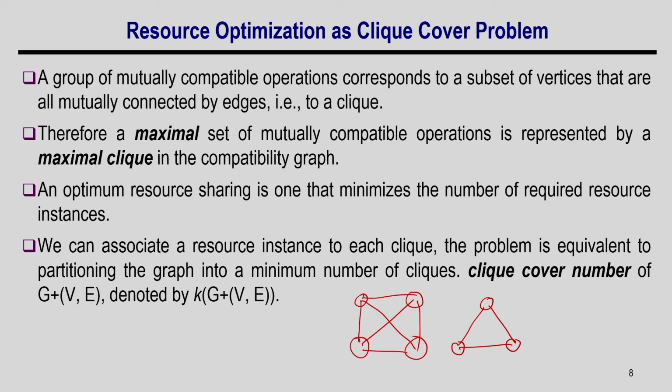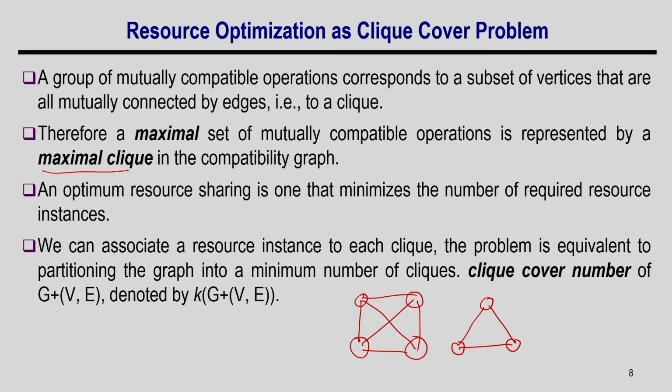So what I understood here is that if these 4 nodes form a complete graph, then that particular subset of the graph is compatible with each other and can be mapped to a single FU. In the whole graph there are n nodes and this is only 4 nodes, so this is a complete subgraph, and what is it called? That is called a maximal clique.